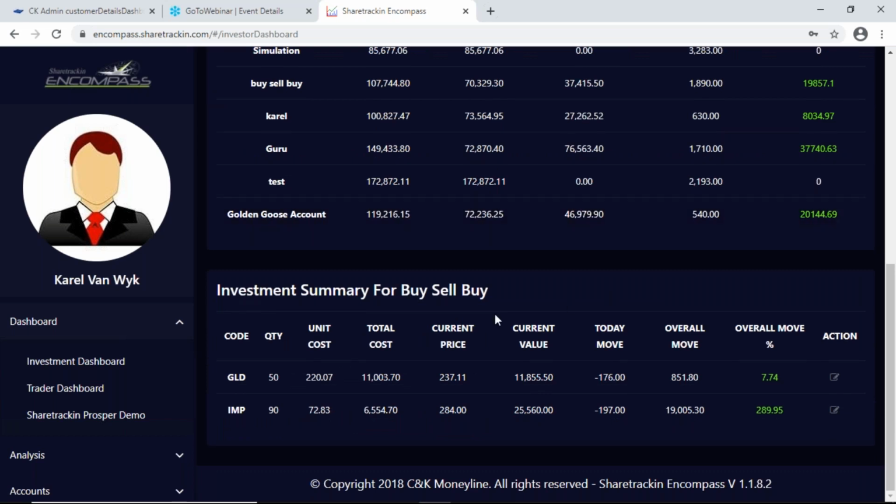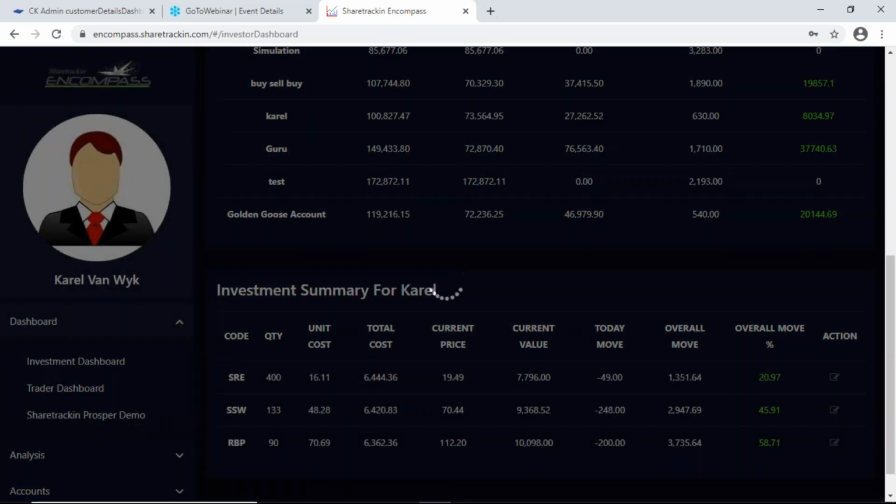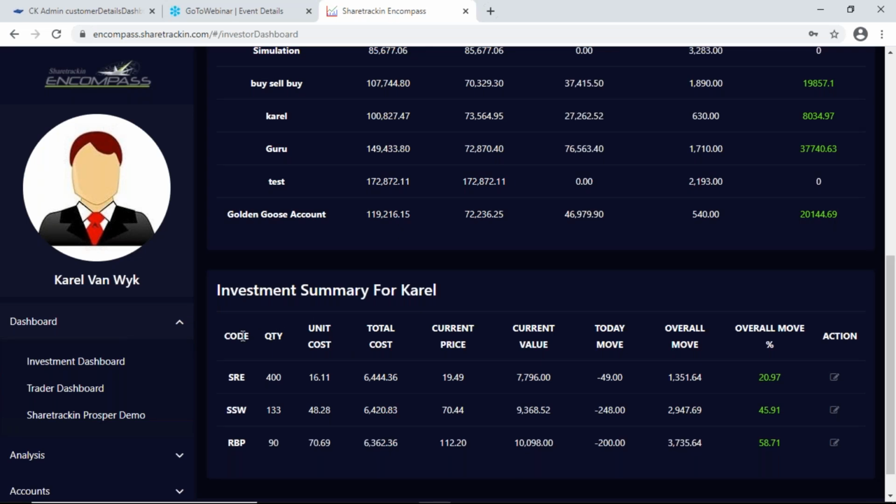If I then go down to my investment summary for my buy sell buy account, or I can even use my Karel account, I would then get the company's code. So these are the companies I invested in: SRE, which is Ceres Real Estate, SSW, which is Sibanye Stillwater, and RBP is Royal Bafokeng Platinum.